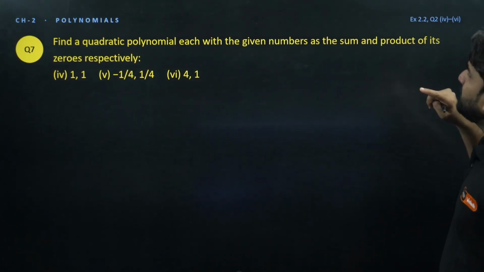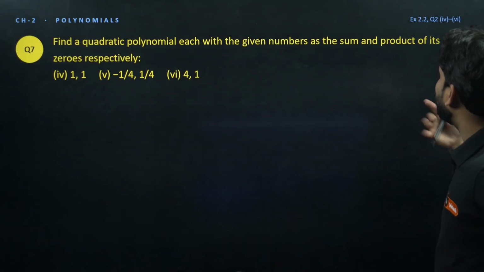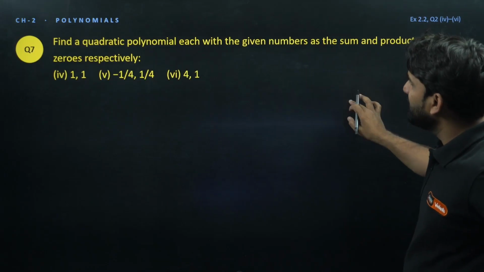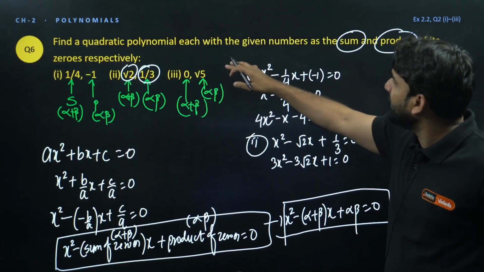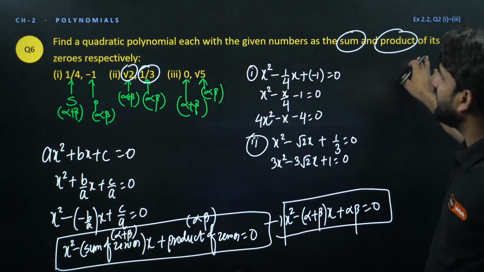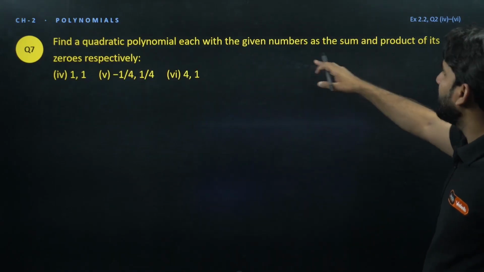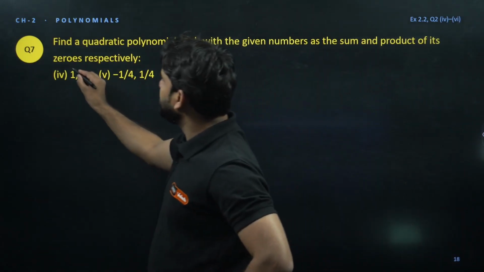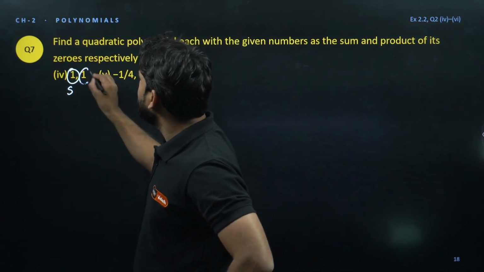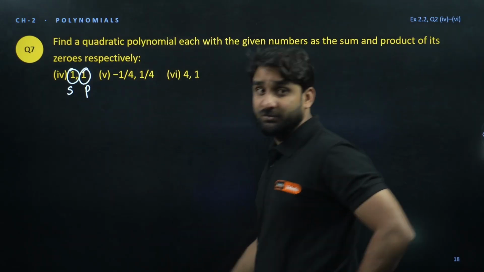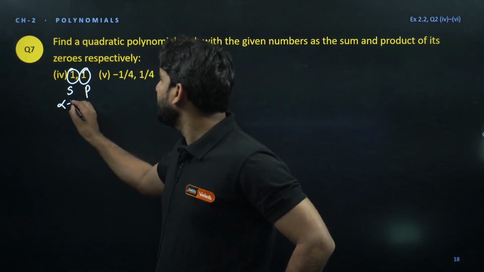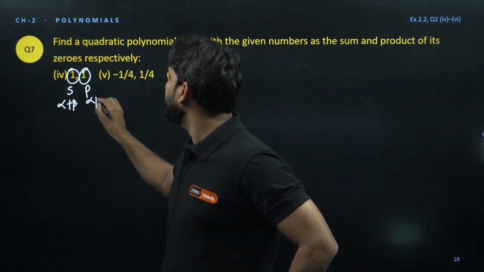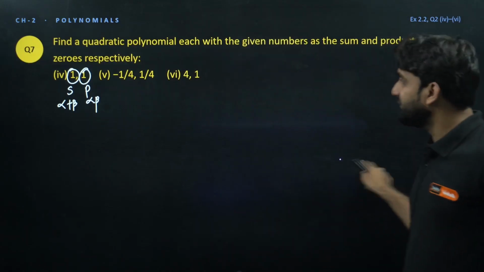Find a quadratic polynomial with the given numbers as the sum and product of its zeros respectively. Again, same question. So this is basically sum of the zeros, and this is basically product of the zeros. So this is alpha plus beta, and this is alpha into beta. So you guys can use this formula here.